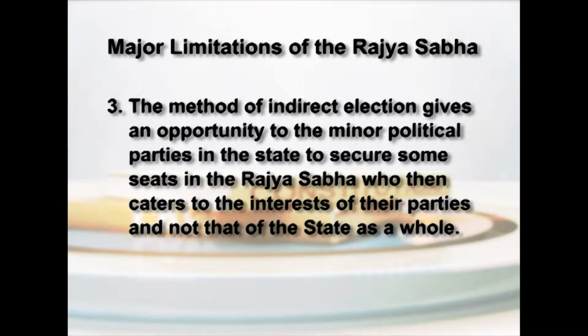The result is that these minor parties end up fulfilling the demands of their parties and do not represent the state as a whole. So the basic objective behind the formation of the Rajya Sabha gets lost.